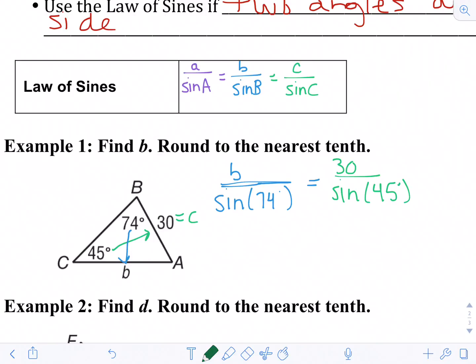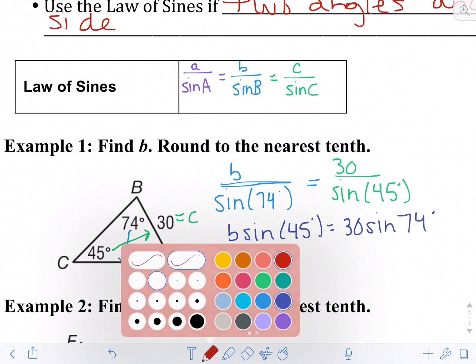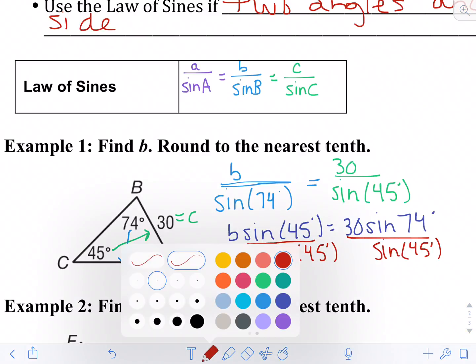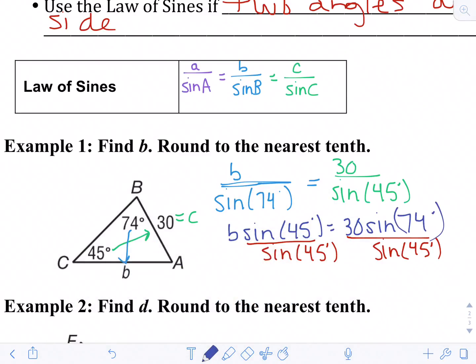Now we're going to cross multiply, so I'm going to show my work. b times sine of 45 degrees is equal to 30 times sine of 74 degrees. So you have to divide both sides by this sine of 45. I forgot to put parentheses around my 74.